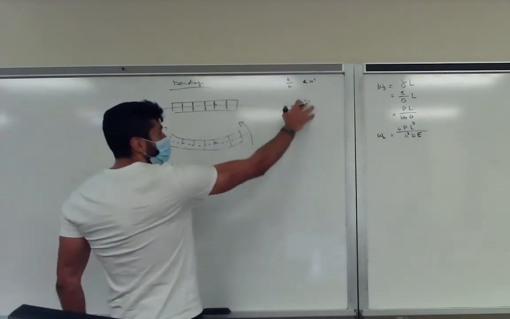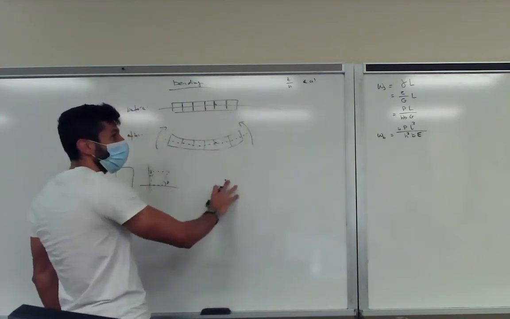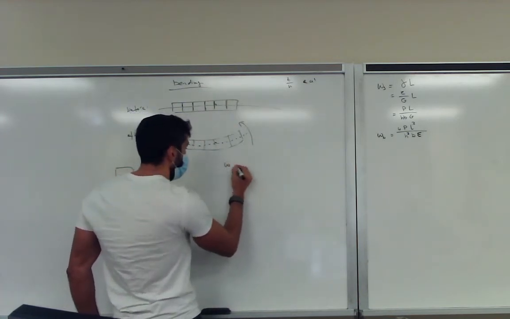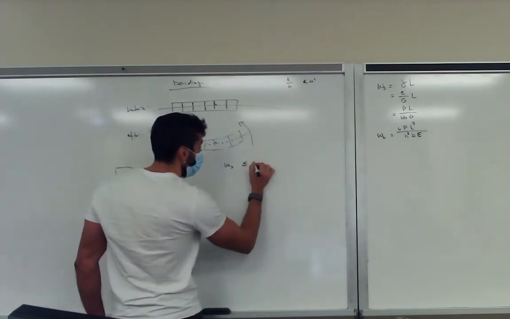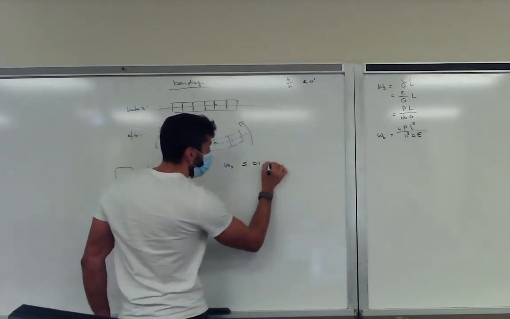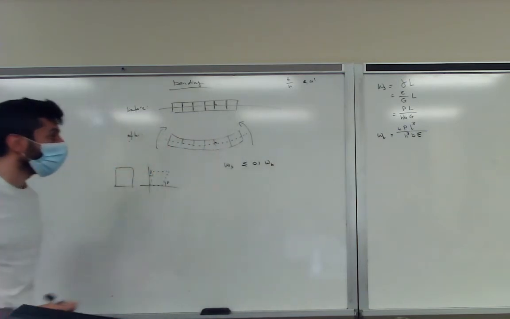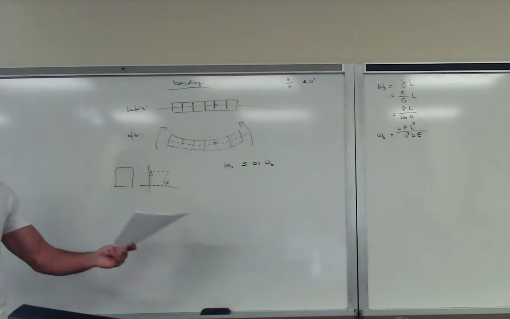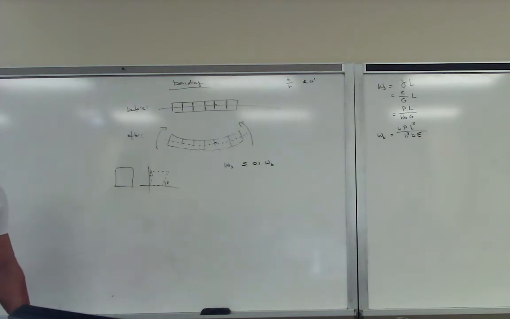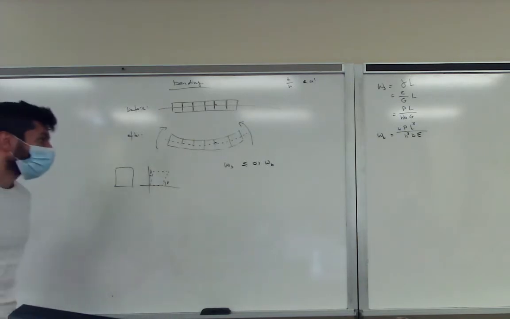So we can make a similar assumption as we did with the thickness over height. We say here again, if the deflection due to shear is smaller than 0.1 times the deflection of bending, we can ignore it. And this assumption is also based on your guesses. 10% is often what we find acceptable. If you need to be very accurate, you can go to 5%, 1%, or even less.